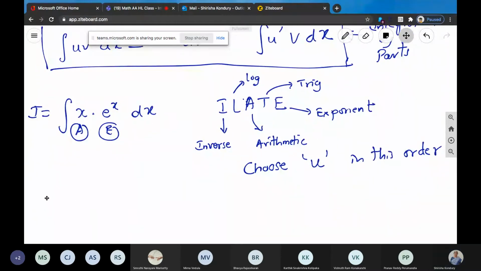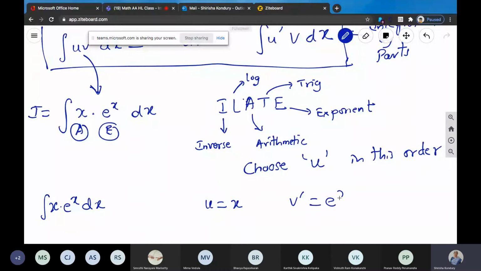So, according to integration by parts, I'm first supposed to choose a u, which is my x, and obviously the other one will become v dash, because I want to find the integral of u v dash. So your v dash is e raised to x. So what is u dash then?